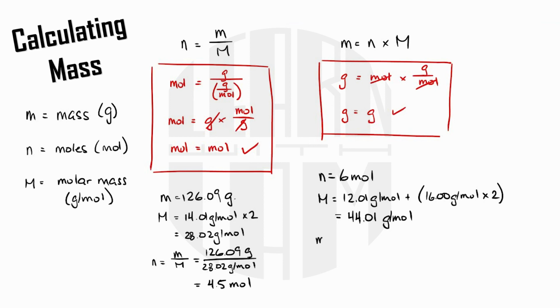Our equation is mass equals moles times molar mass. So 6 moles times 44.01 grams per mole gives us a final answer of 264.06 grams. And that's all there is to it.